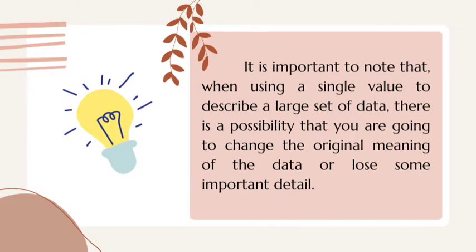It is important to note that when using a single value to describe a large set of data, there is a possibility that you are going to change the original meaning of the data or lose some important details. This is because the number just gives an overall impression of the aspect but does not really provide the exact detail of the same.